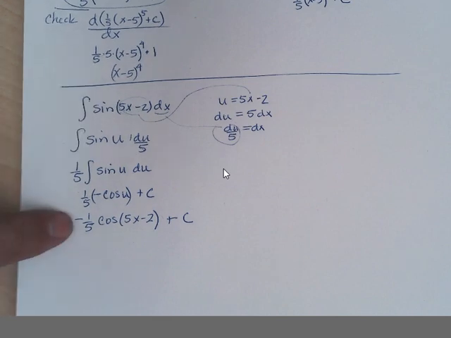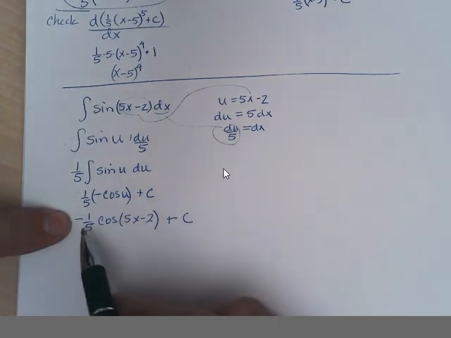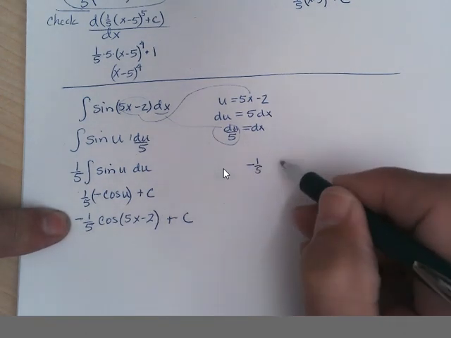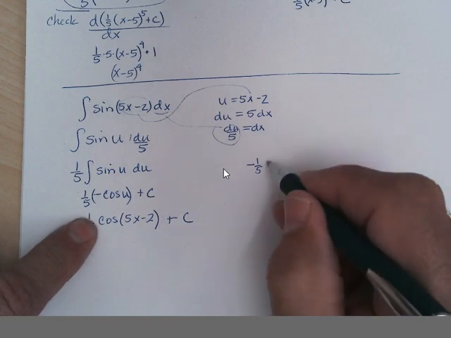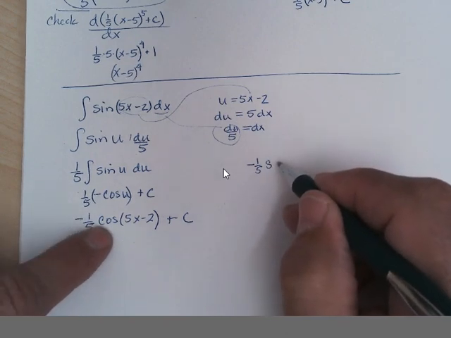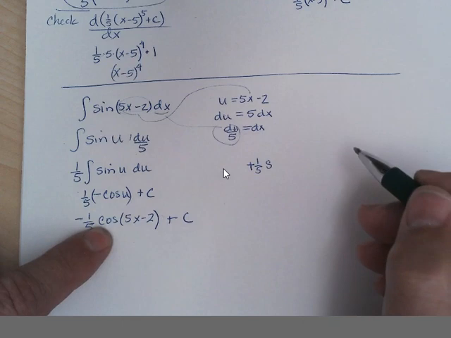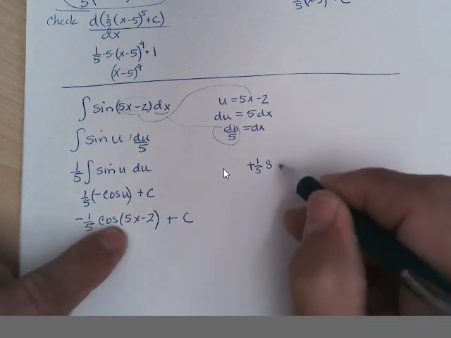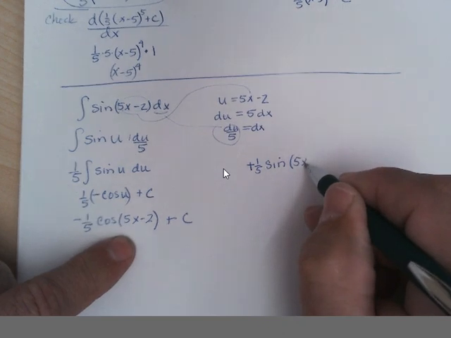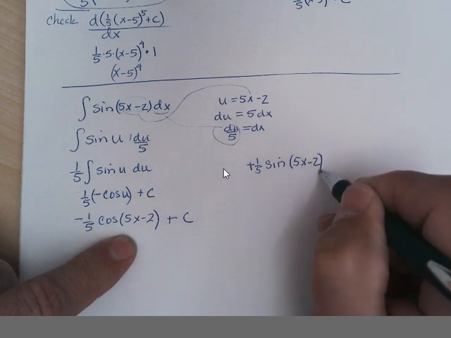And that should be the antiderivative of this. To check, I would take the derivative of this. The derivative of negative 1/5 times something stays the negative 1/5. The derivative of cosine is sine. Negative cosine's derivative is sine, so I better change that to plus sine of 5x minus 2.